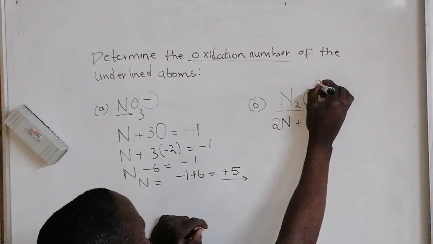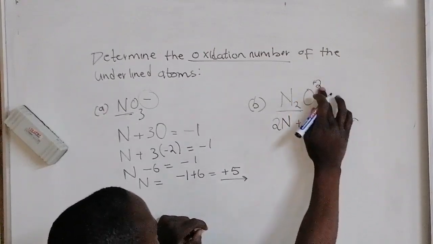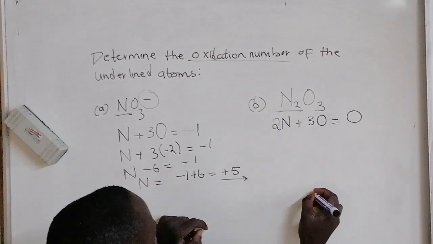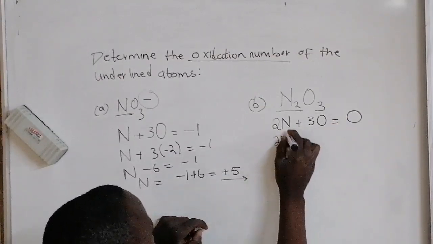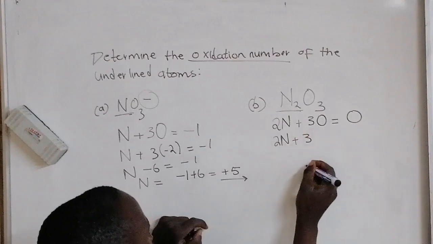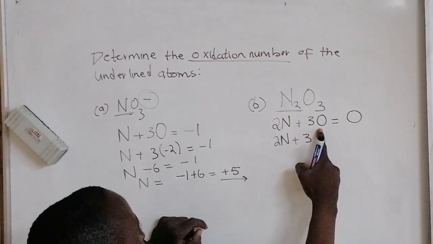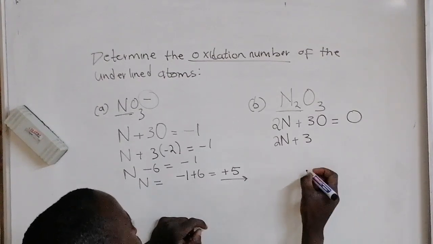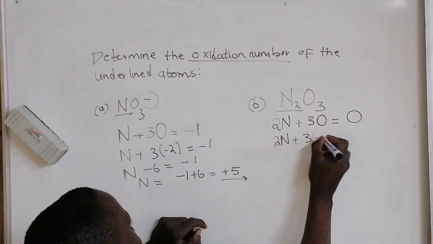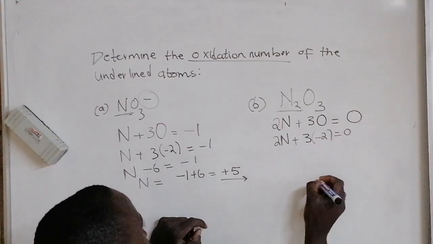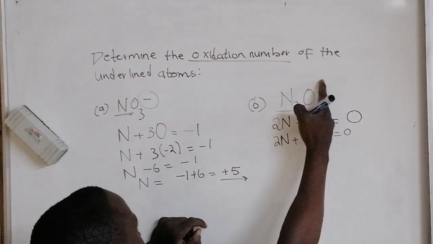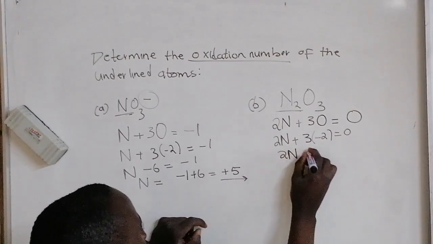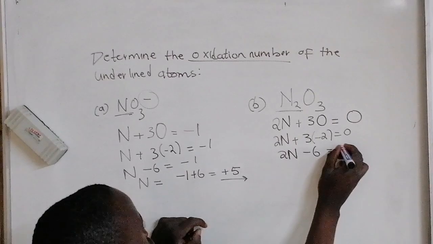If it was 2 here, we would put 2, but since we have nothing, we have to put 0, right? Therefore we say 2 nitrogen atoms plus 3 oxygen atoms, and we know that when an oxygen atom is combined with another element, its oxidation number is always negative 2. Then we equate it to the net charge, which is 0, since we are not given anything there. I hope you are following. So 2 nitrogen atoms minus 6 equal to 0.